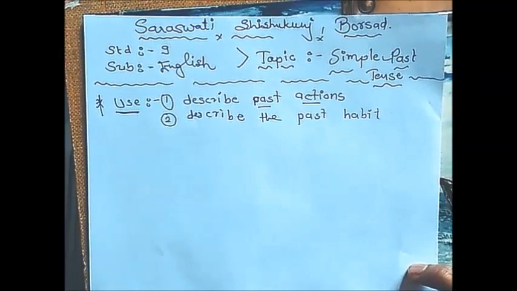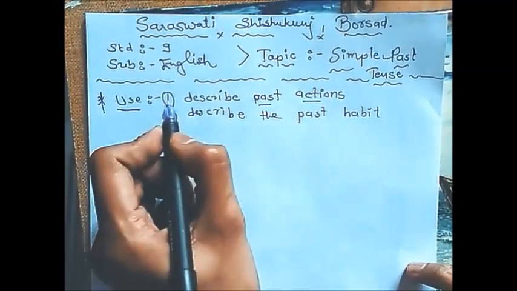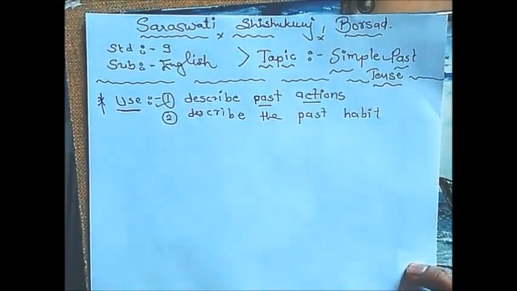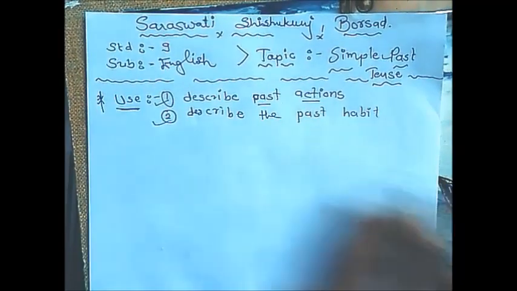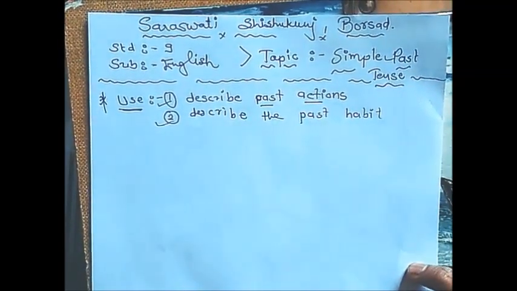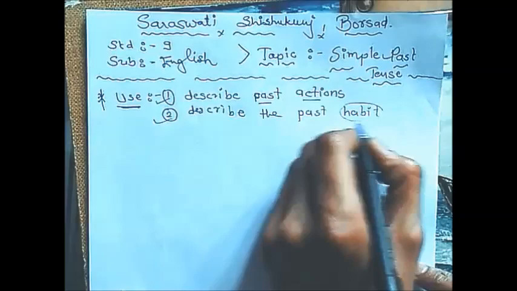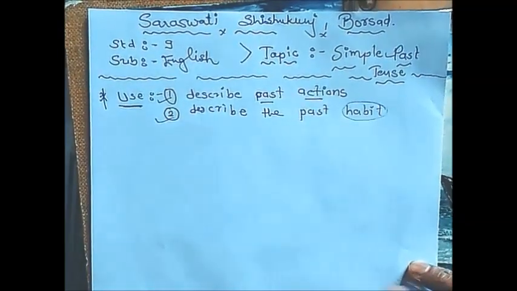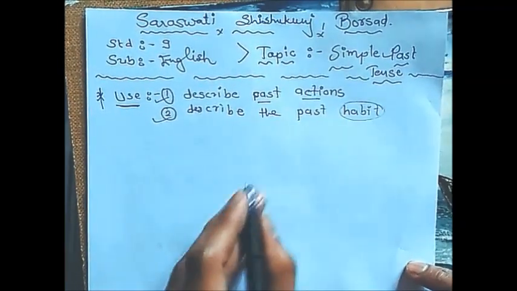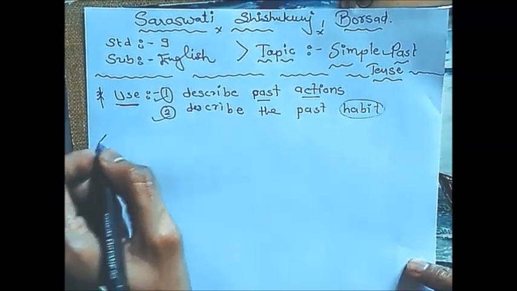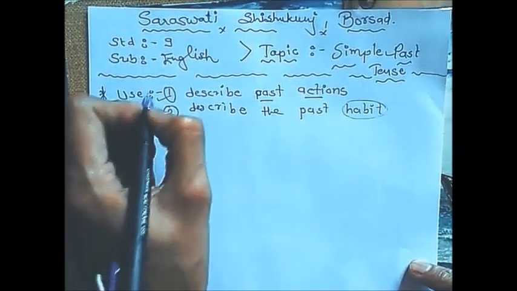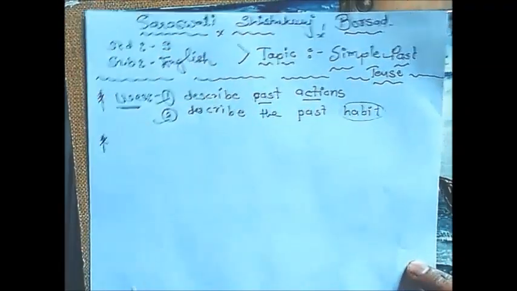So two uses are there: to describe the past actions, and second, to describe the past habits. I hope that you know the meaning of habit. We will discuss it after some time. So these are the uses of simple past tense.